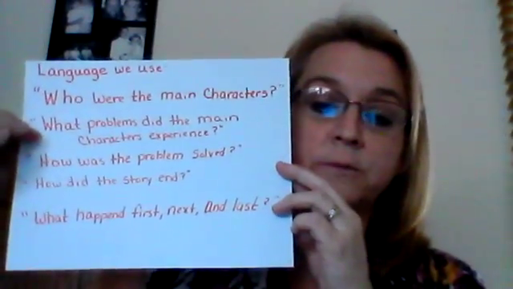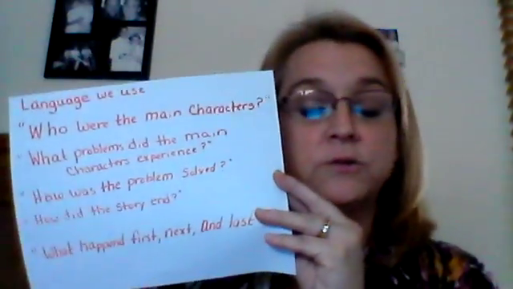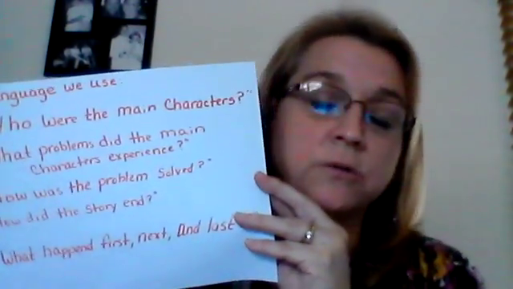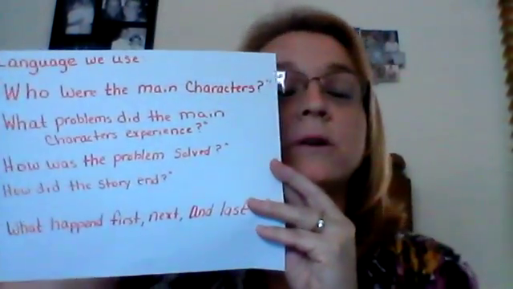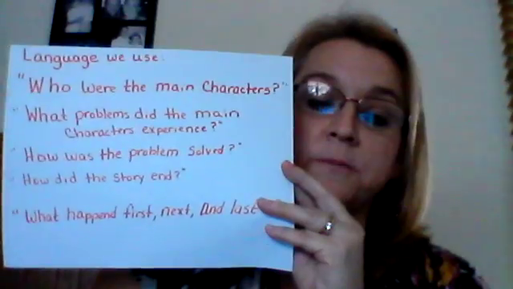There is also language you should use, which I wrote down on this one. Who were the main characters? What problems did the main characters experience? What did the trolls experience? They were having trouble getting over the bridge because of a mean old troll. How was the problem solved?